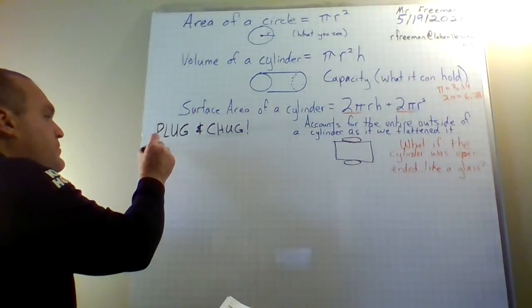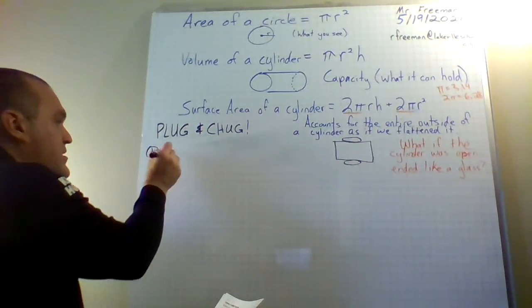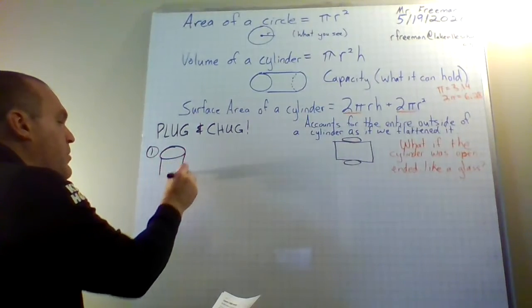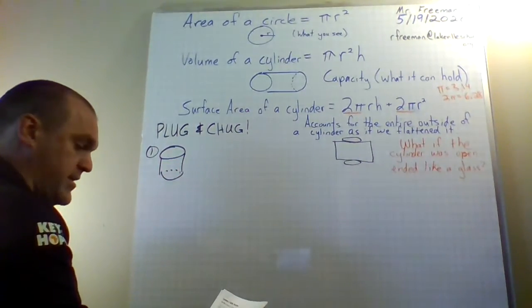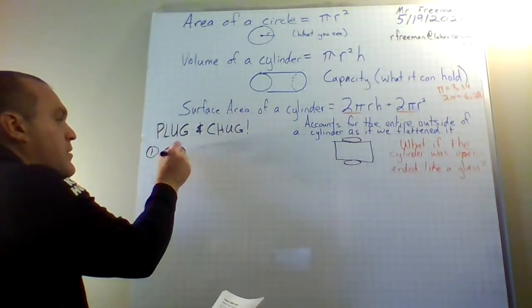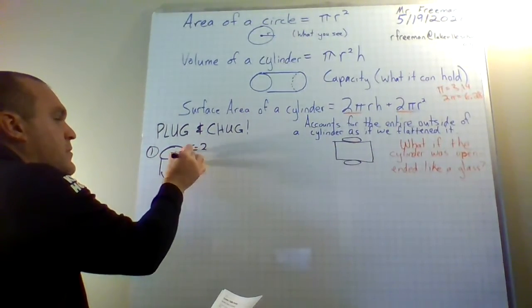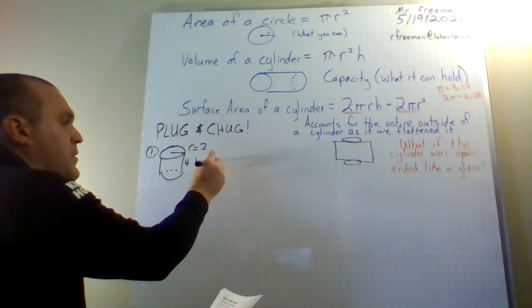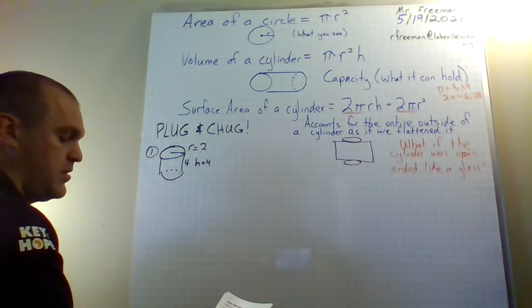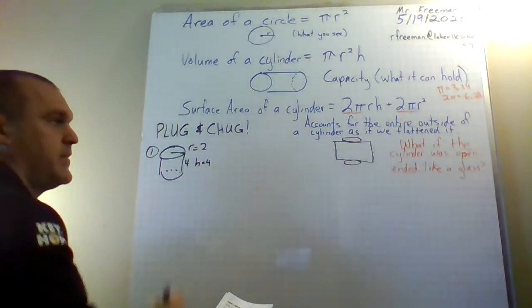But number 1, we have a cylinder much like number 1 on the other page. And they tell us that the radius is 2. And they tell us that 4 is the height. So then we just plug it in.